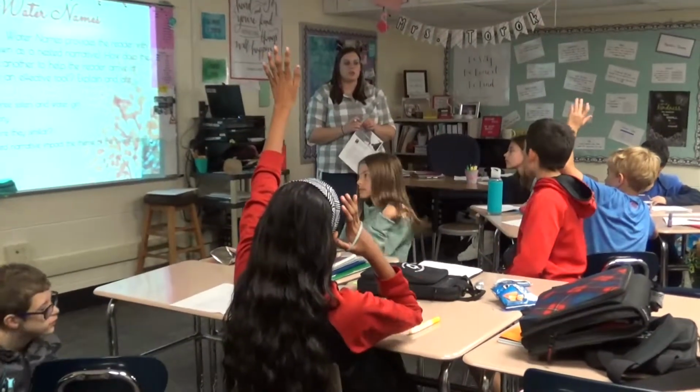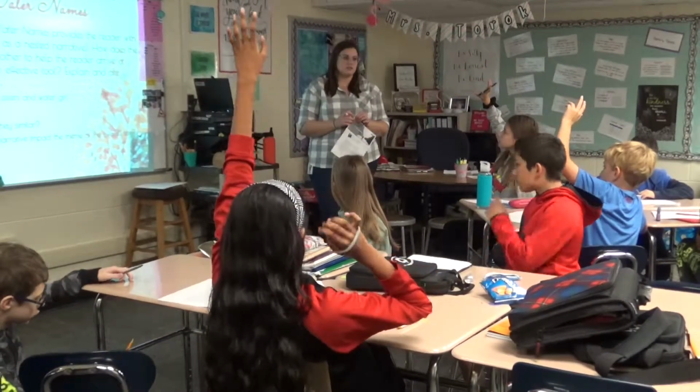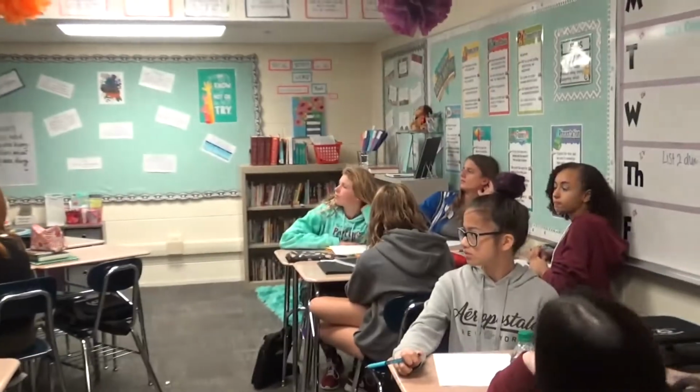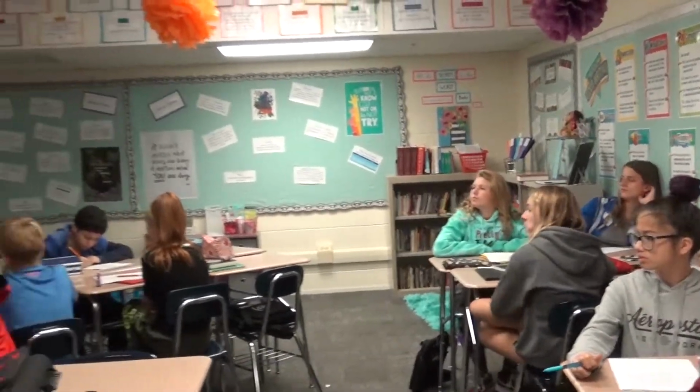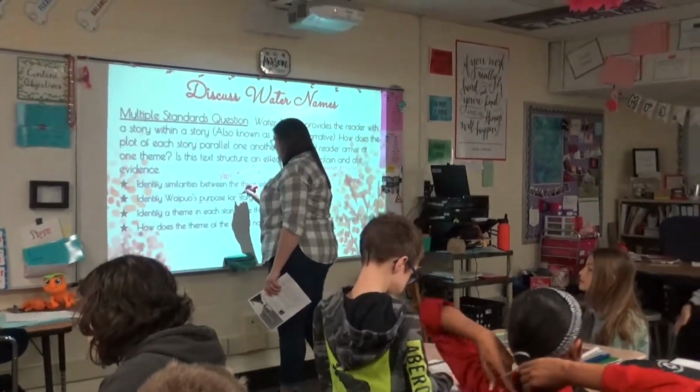Was she telling this story to these girls who were fighting at the start? Samra? To make them not fight? Yeah. So the purpose of the story is to kind of make them stop fighting.